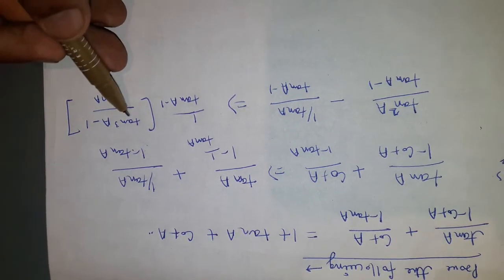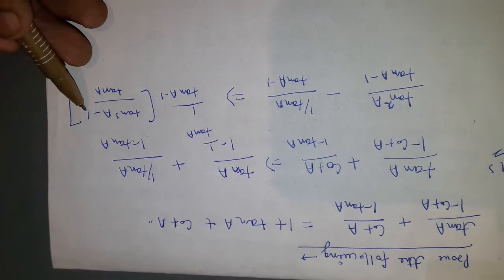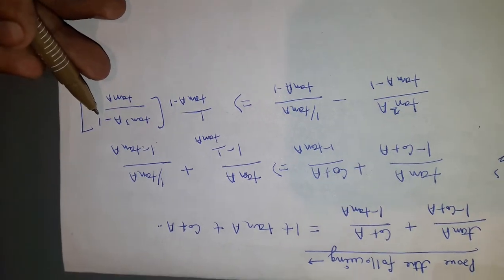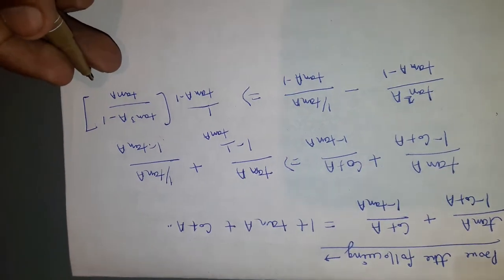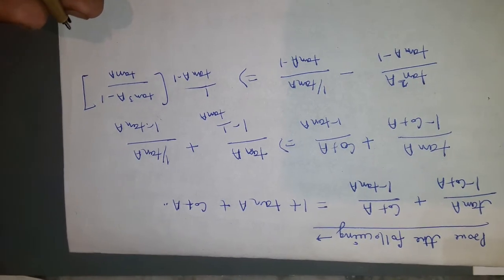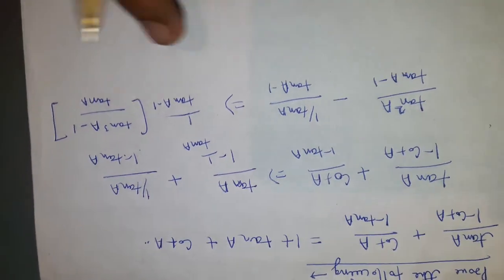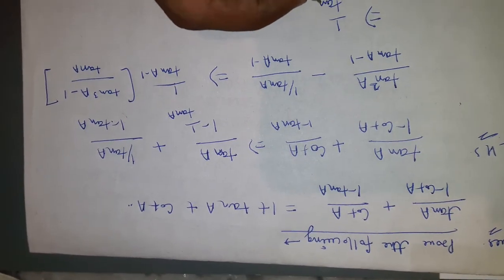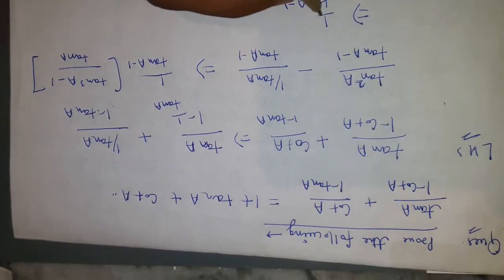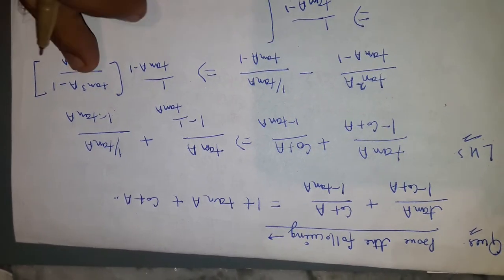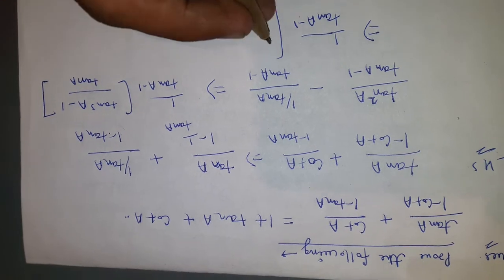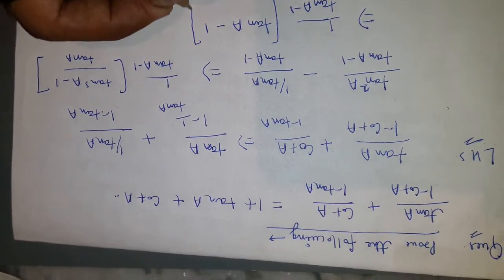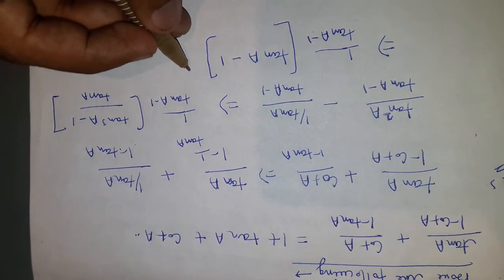Here we can see the tan cube a minus 1, so we can write it as a cube minus b cube. We have to use the identity. What is a cube minus b cube? It is a minus b multiplied by a square plus b square plus ab. So it can be further written as 1 upon tan a minus 1, and inside this I have used the identity: a minus b, and here a square plus b square plus ab.